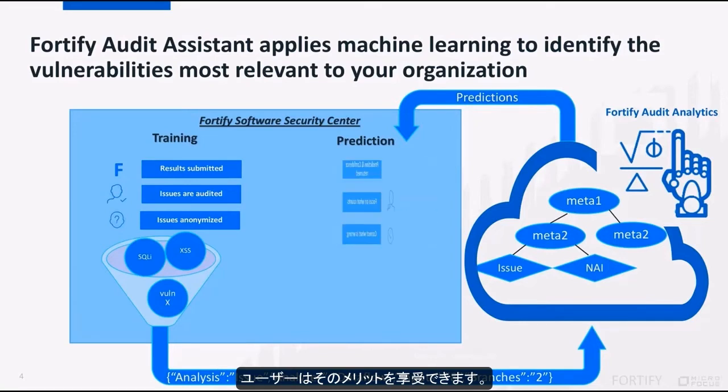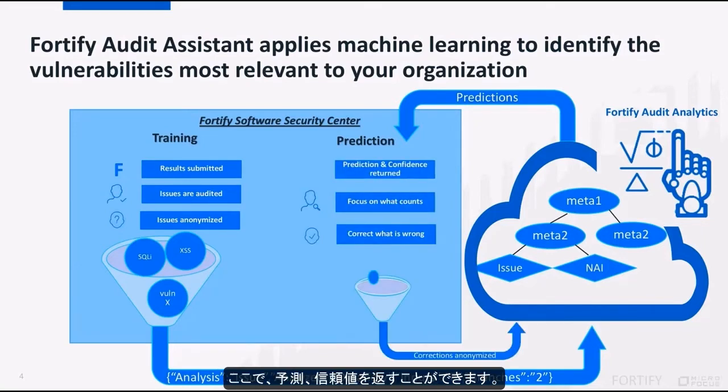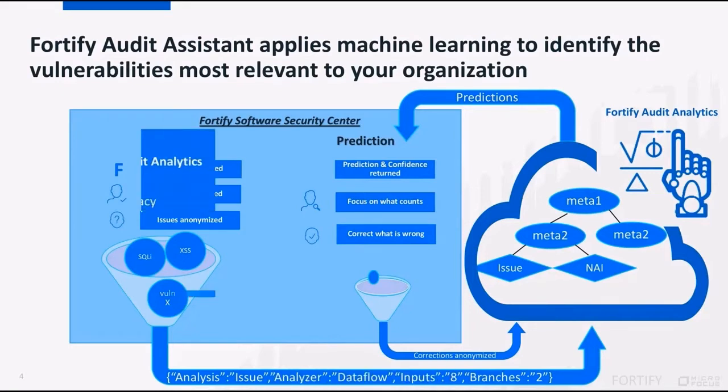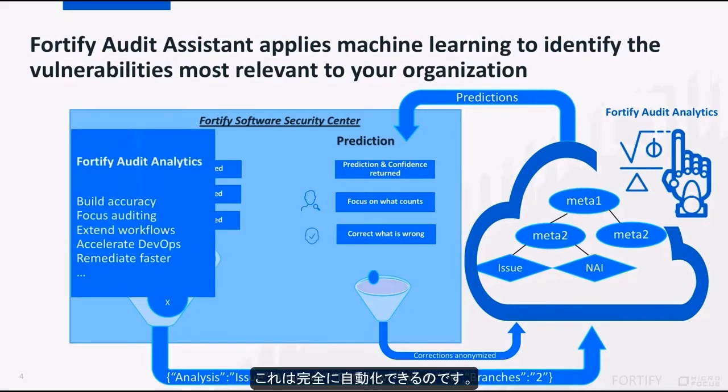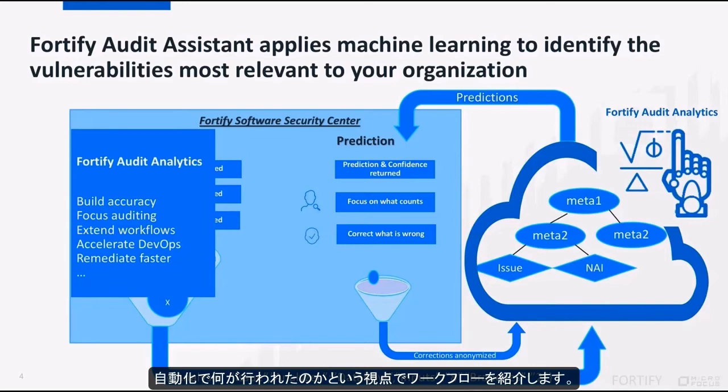You can see here we can return predictions and the confidence value, and you can focus on what actually counts and push these automatically to a developer to be fixed, right? So this scales, right? It is completely automatable. We have an API, and I'll show you the workflow in terms of what we brought in terms of automation.